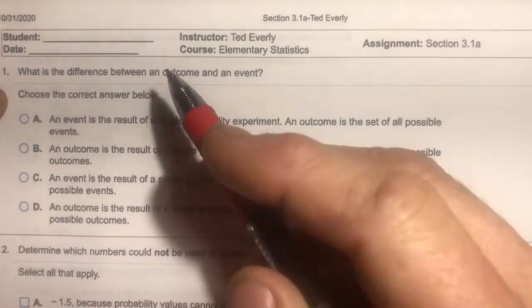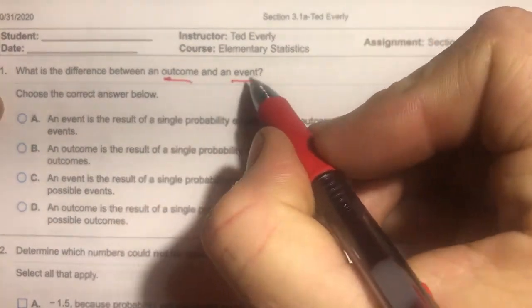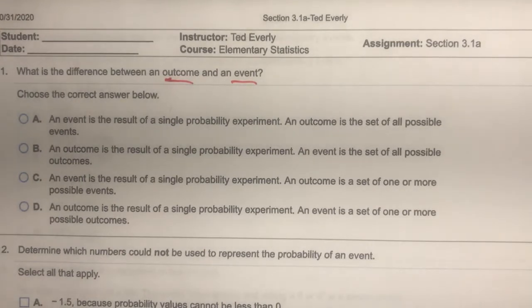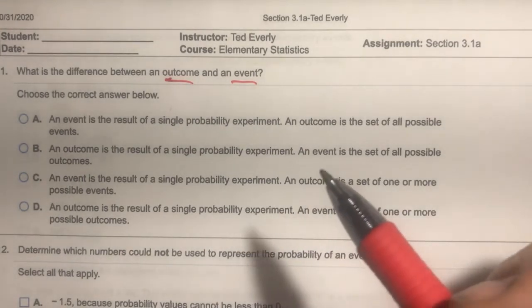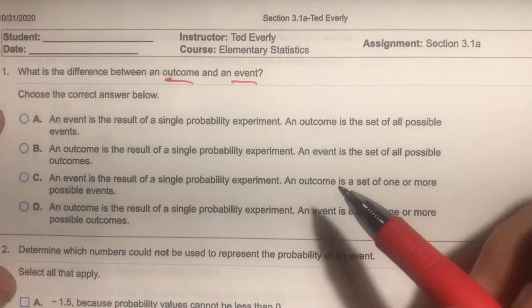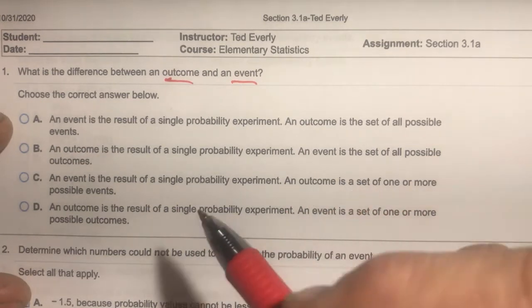What's the difference between an outcome and an event? Choose the correct answer. Okay. The outcome is just one single probability experiment. An event is the set of your outcomes. So let's see what we have here.